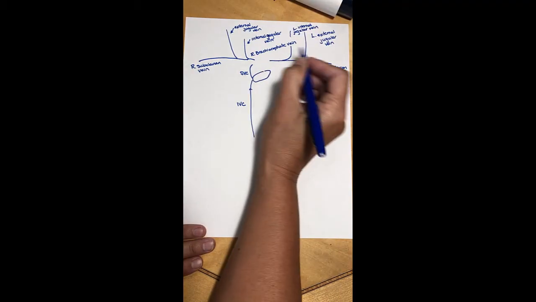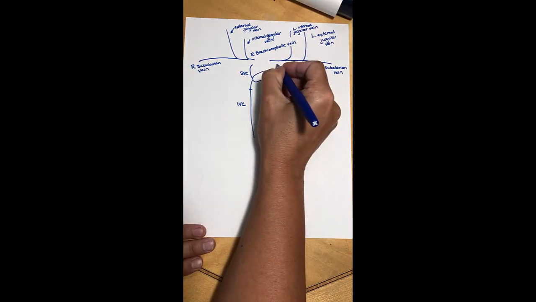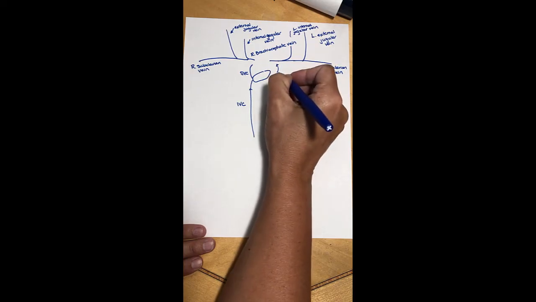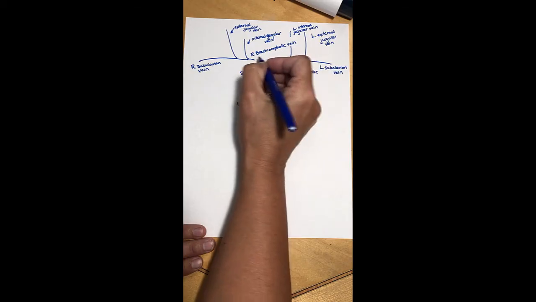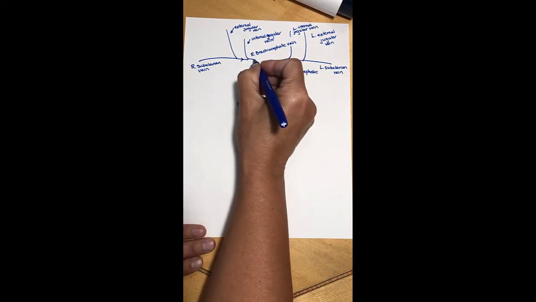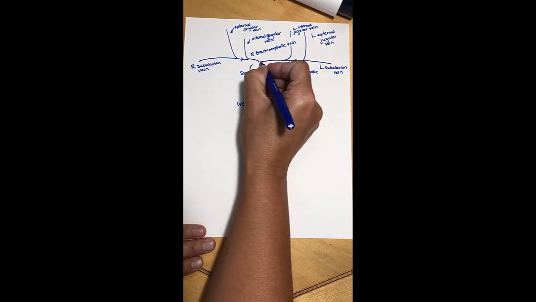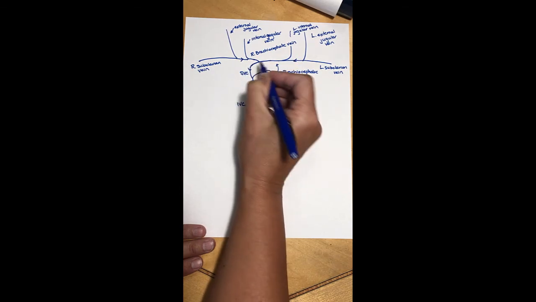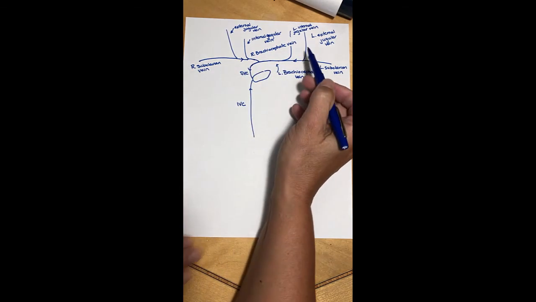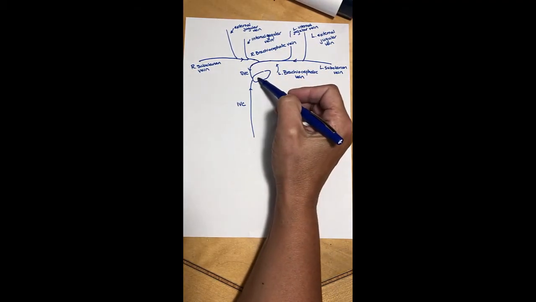Those all merge together to form the left brachiocephalic vein. Remember, all of these vessels are bringing blood back to the heart. The right and the left brachiocephalic vein merge to form the superior vena cava, and in this way we are able to bring blood back from the head and the arms to the right atrium.